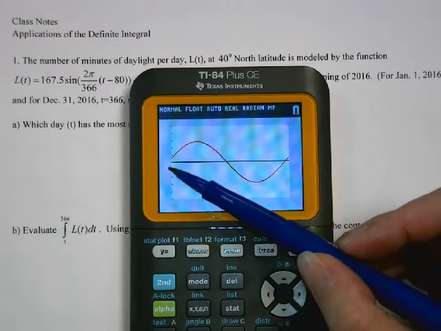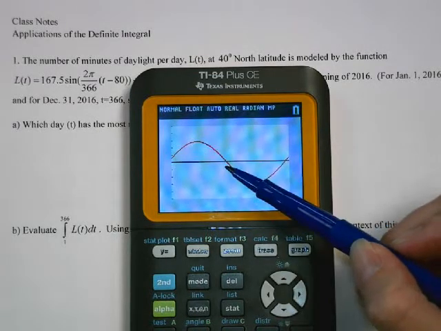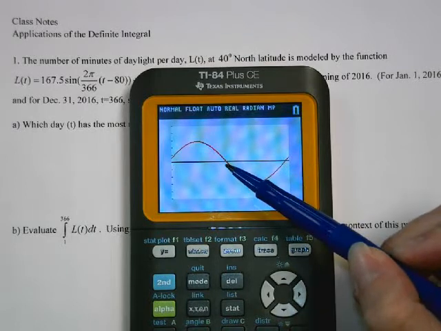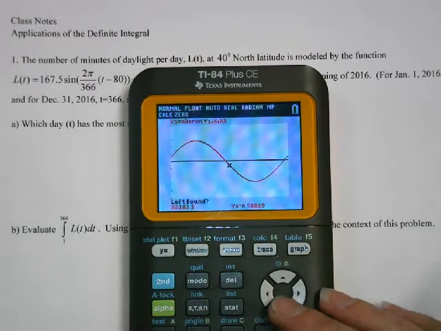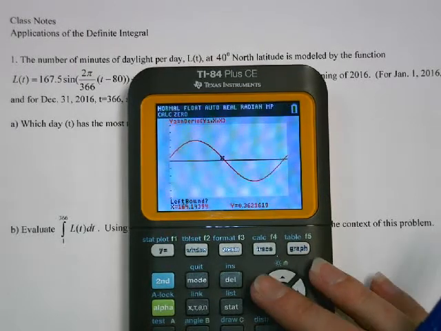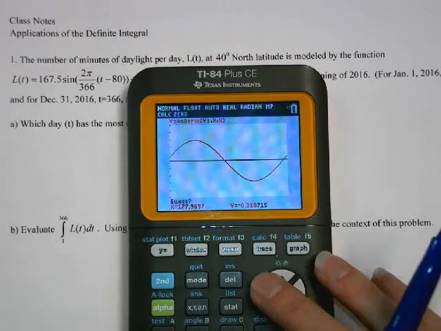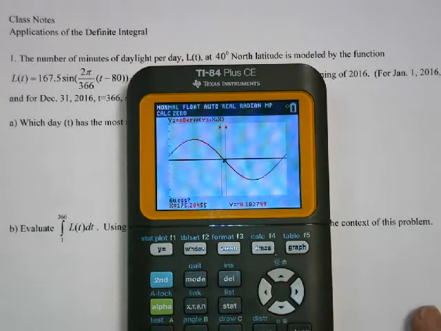So if this is the graph of the derivative, that means L is increasing to this point, then it is decreasing. So this is the location of our maximum. So I'm going to calculate the zero. It's going to want a left bound, right bound, and a guess.